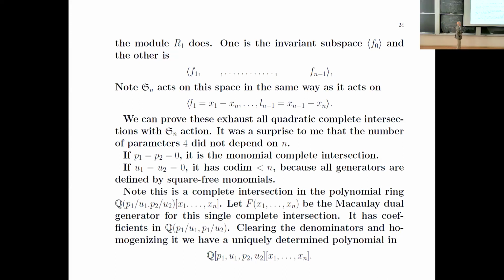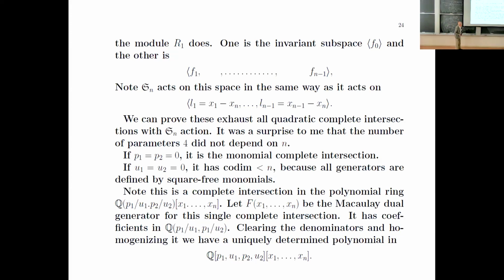Note, this is a complete intersection. These generators, F0 to Fn-1, form a complete intersection in this polynomial ring.